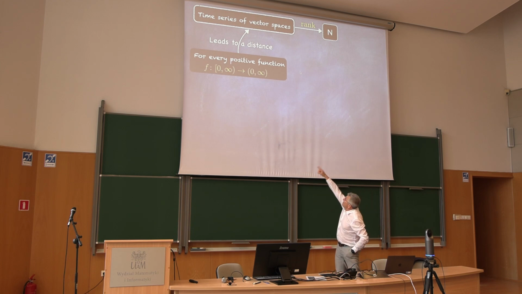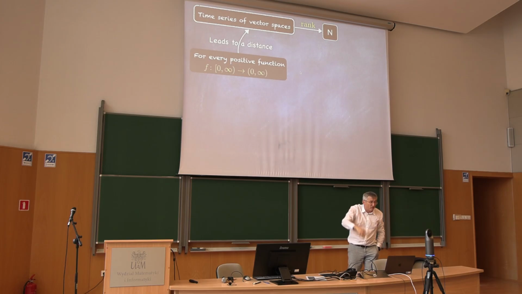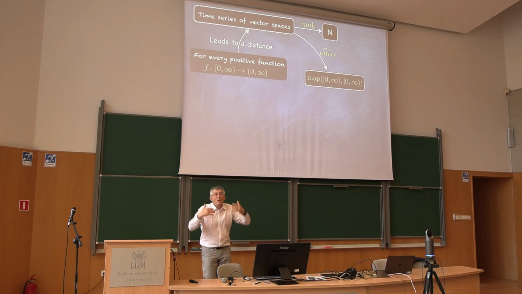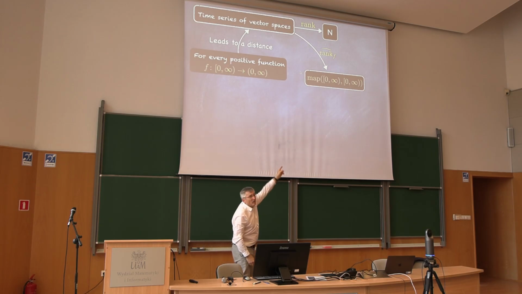So for each such parameter, you choose a function. Here in this talk, I'm not telling you how to get the distance. Maybe those people who remember the workshop might remember. Each such function gives you a window of representing your time series by functions. Okay, so hierarchical stabilization of the rank.